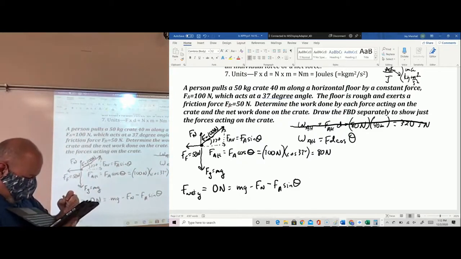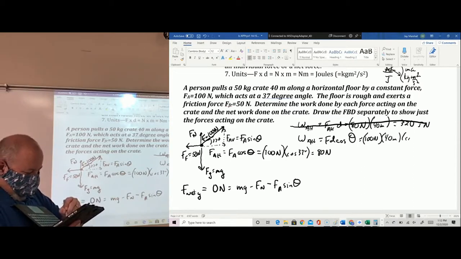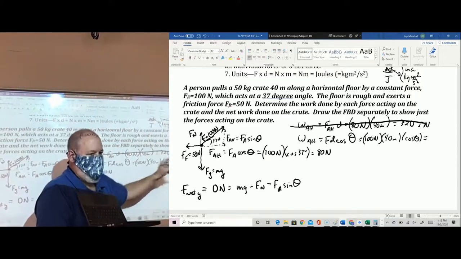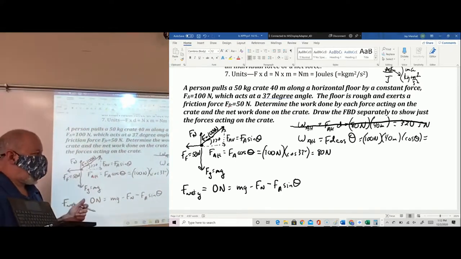So what I should do is say 100 newtons times 40 meters times the cosine of theta, and we just take care of all of it in one action. I get the same thing, right?